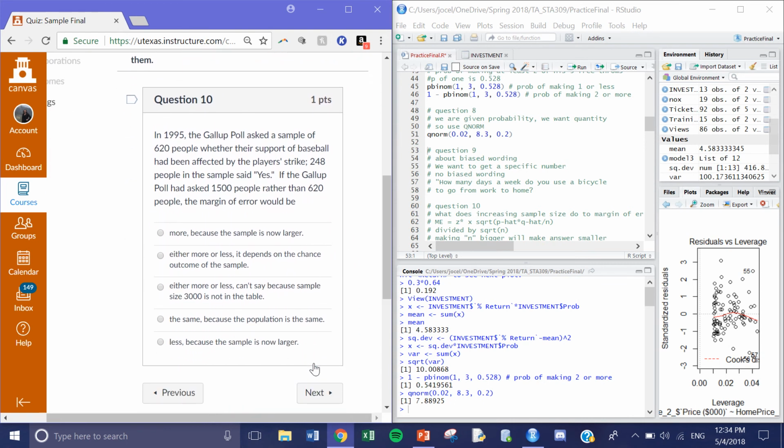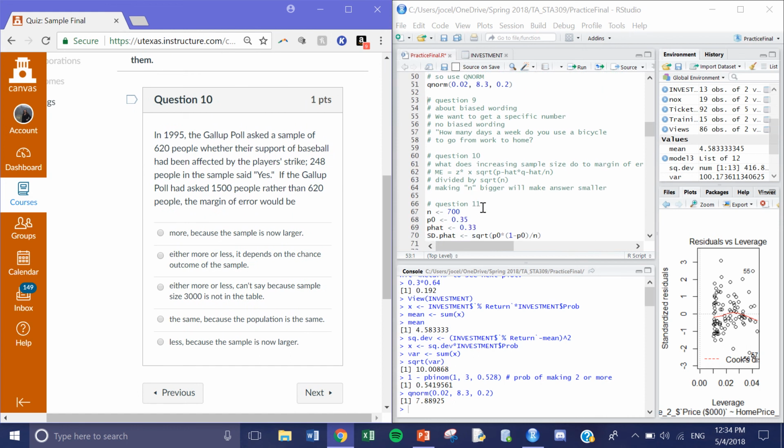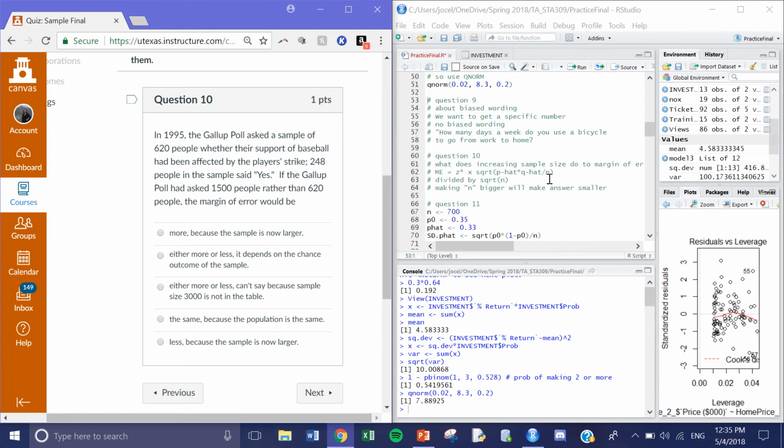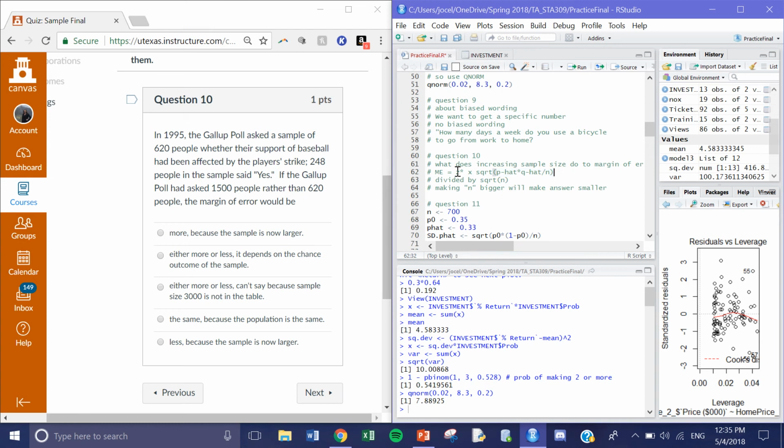Question 10. In 1995, the Gallup poll asked a sample of 620 people whether their support of baseball had been affected by the players' strike. 248 people in the sample said yes. If the Gallup poll had asked 1,500 people rather than 620 people, the margin of error would be blank. So this is another conceptual question, and it's about how increasing sample size affects the margin of error. My margin of error is z star times the square root of p hat times q hat divided by n.